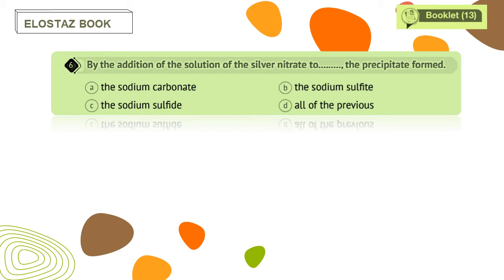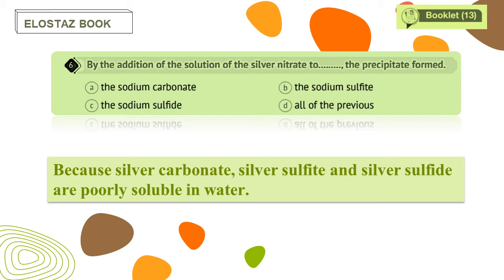We have silver nitrate as a strong salt here that will make a precipitate with the weak ones, those coming from a weak acid, or salts that will be weaker than it, as silver nitrate will be the stronger one here that will make the precipitate for sodium carbonate, sodium sulfite, and sodium sulfide. So we have silver carbonate, silver sulfite, and silver sulfide, poorly soluble in water, as they do not dissolve in water, as they are weak salts not dissolving in water.